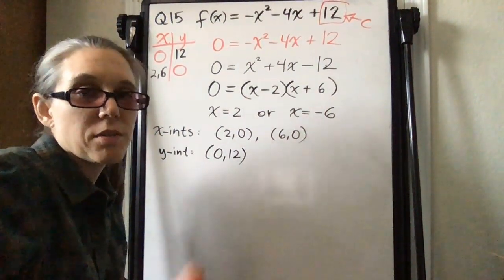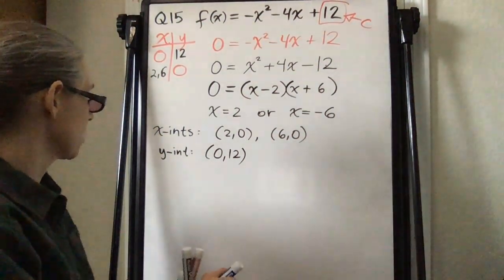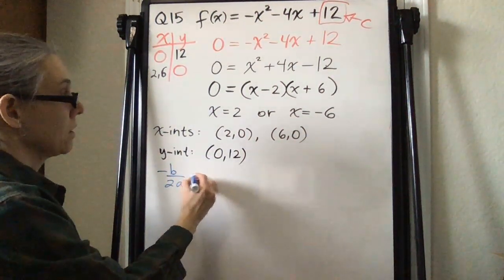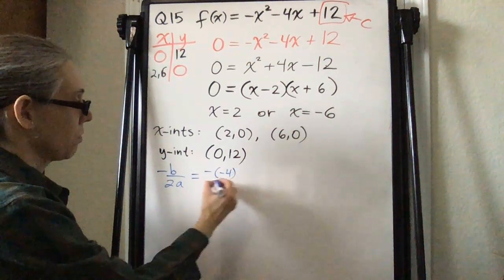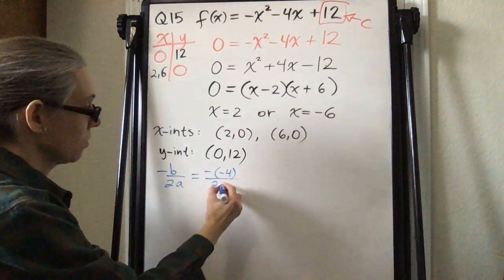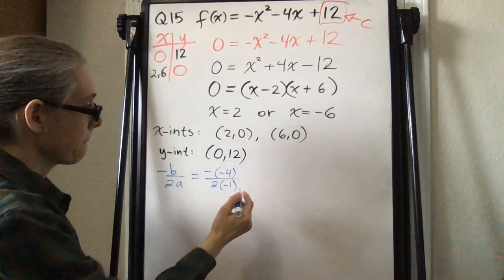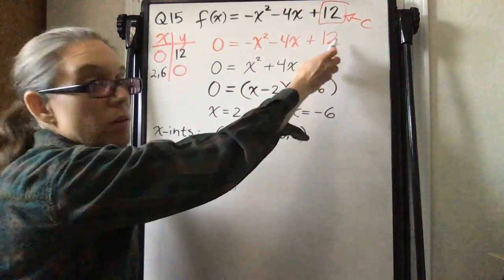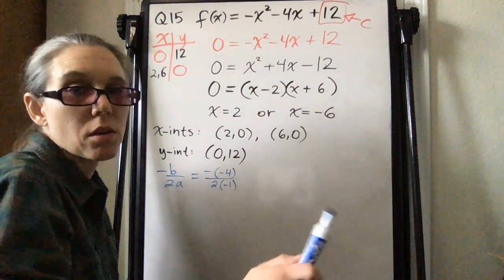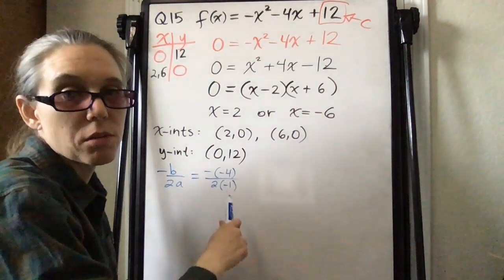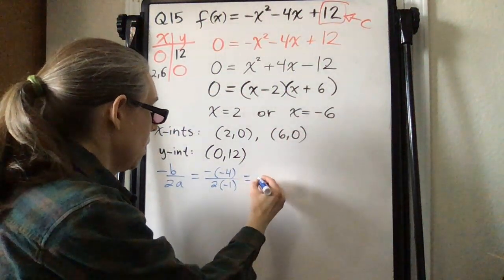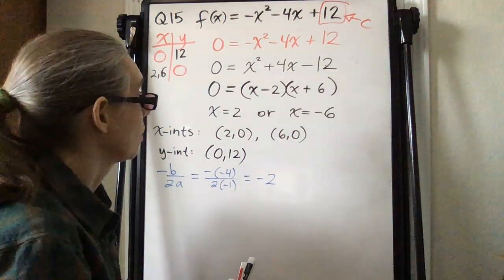And then next we need to find the vertex. So to find the vertex, we need to do negative b over 2a. So that would be negative negative 4 over 2 times negative 1. I'm using this original one right here. So negative b over 2a in this case gives me a negative 2.